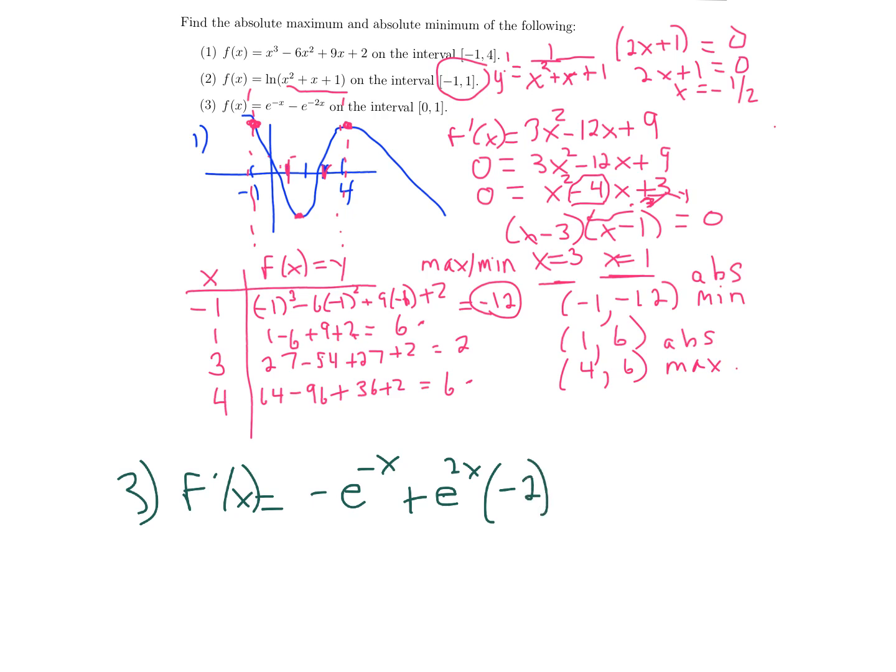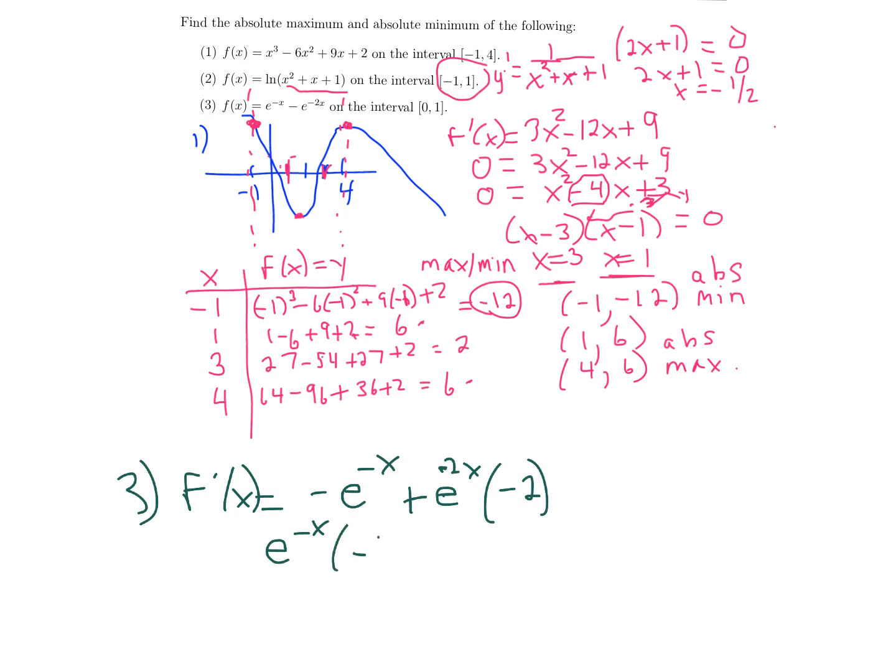So if you set that equal to 0, then the easiest way to do that would be to factor out an e to the -x.